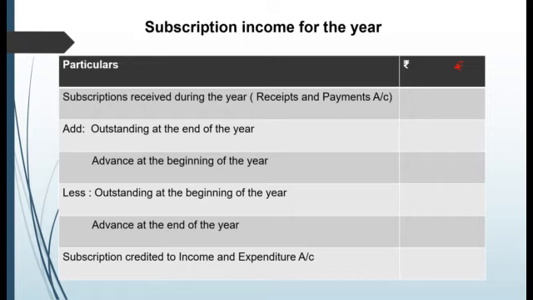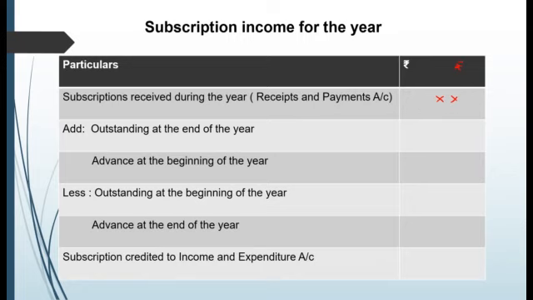Whatever is found on the receipt side of the receipt and payment account would be the starting point of your statement. Then there are certain items that we add, like whatever is outstanding at the end of the year. Outstanding at the end of the year means it was subscription income to be received for the current year, but has not yet been received as at the end of the year.